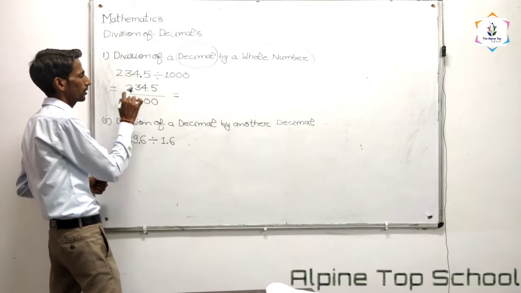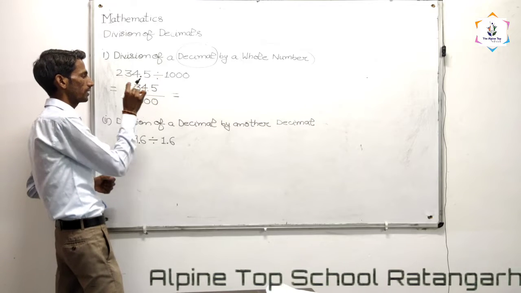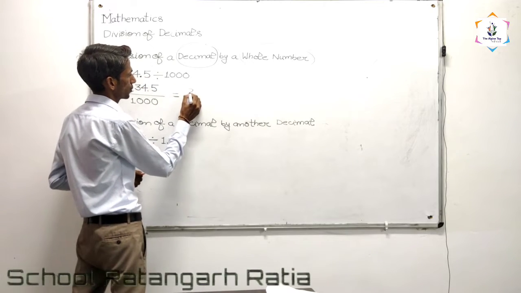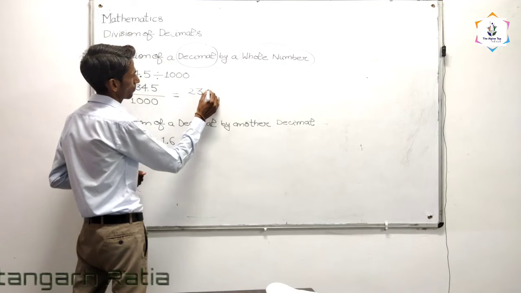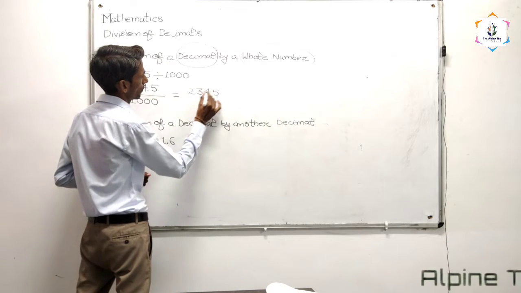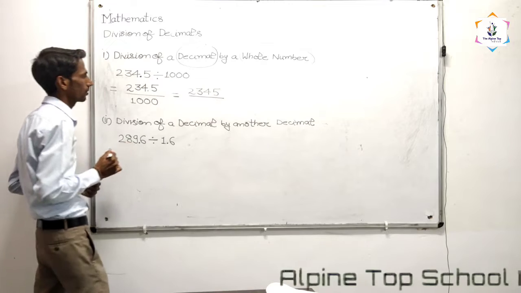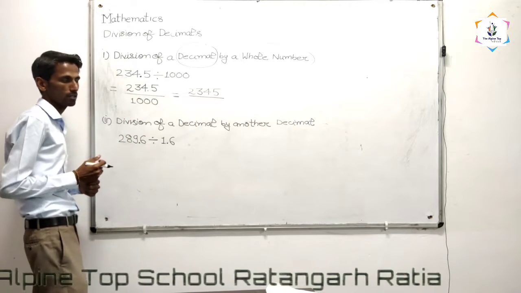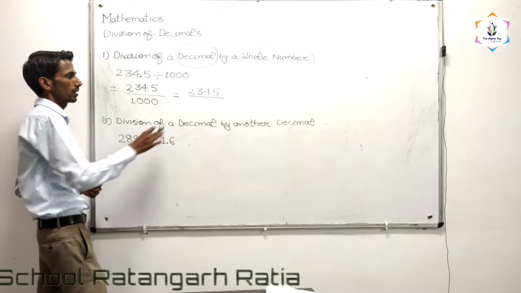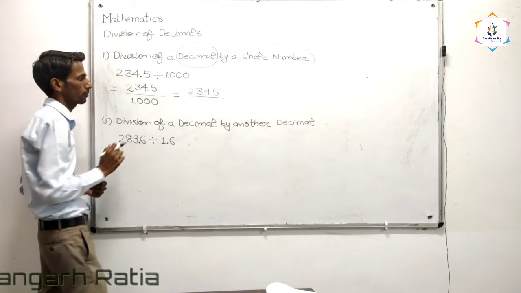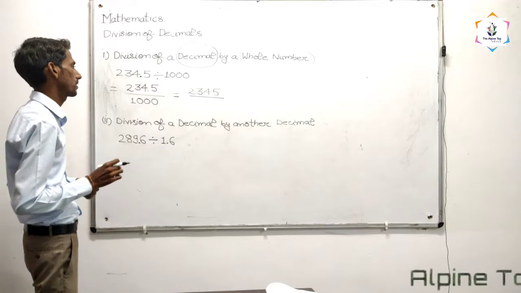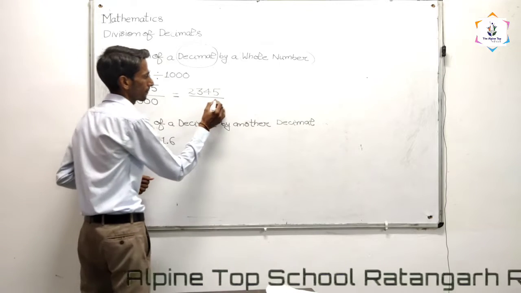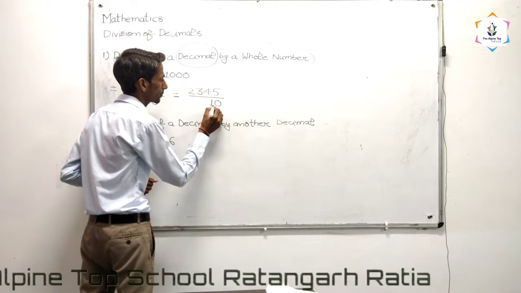Firstly, write the upper number, which is the decimal, without the decimal point, as 2345. Obviously, whenever you remove the decimal point of this number, the decimal point is located at the second place. It means downward of this number we have to put 1 at the second place and 0 at the ones place, like this: 10.